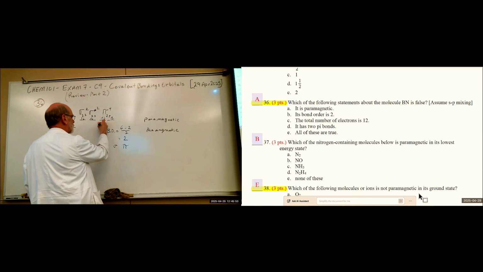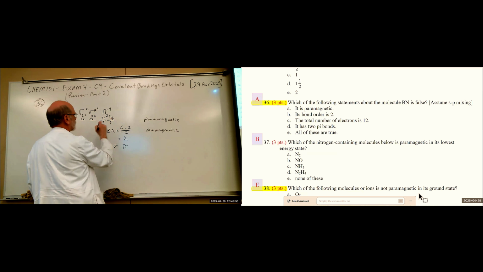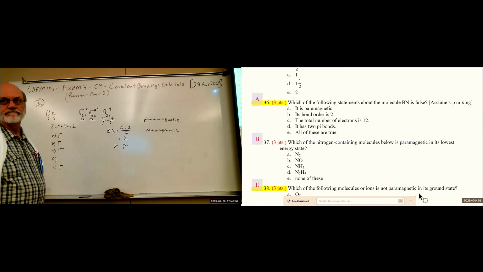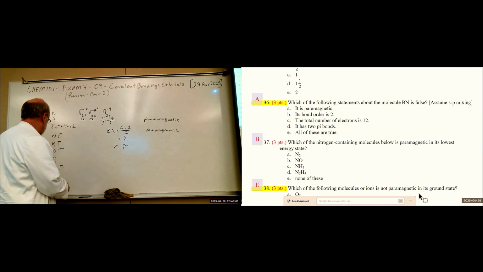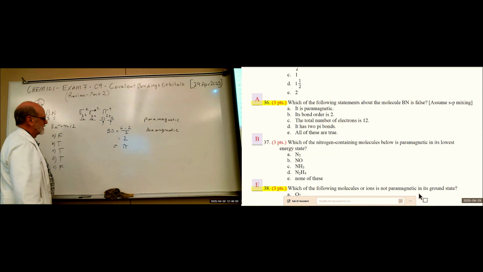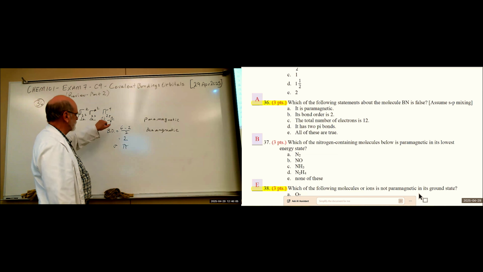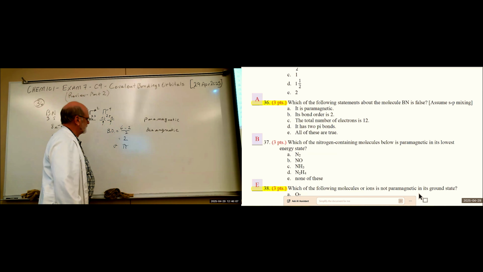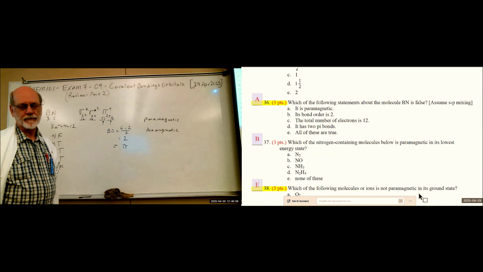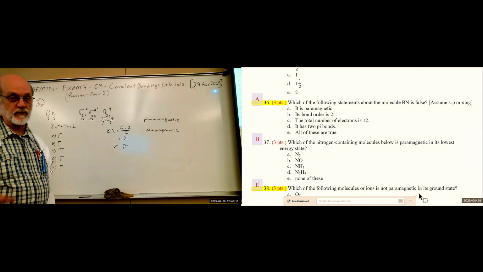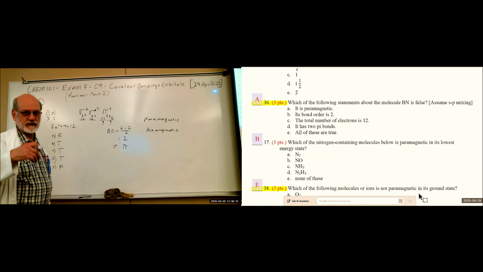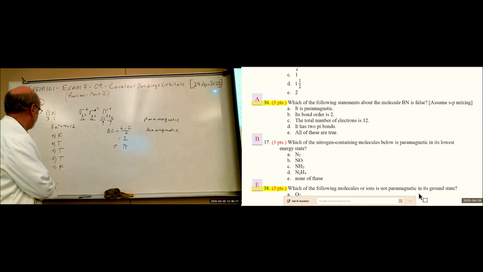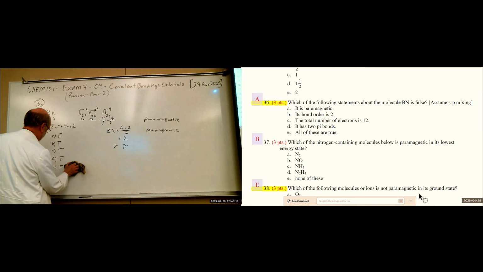Unless that's what it means. That's what it looks like. Yeah, I think that's what they're getting at. It has this pi orbital filled and this pi orbital filled. We have to interpret it that way. Otherwise, there's no right answer in there. Okay.